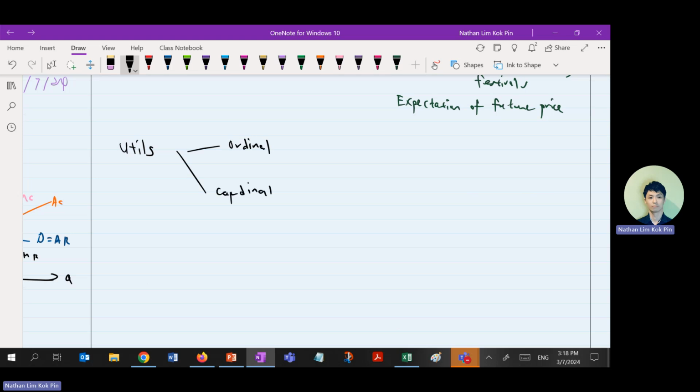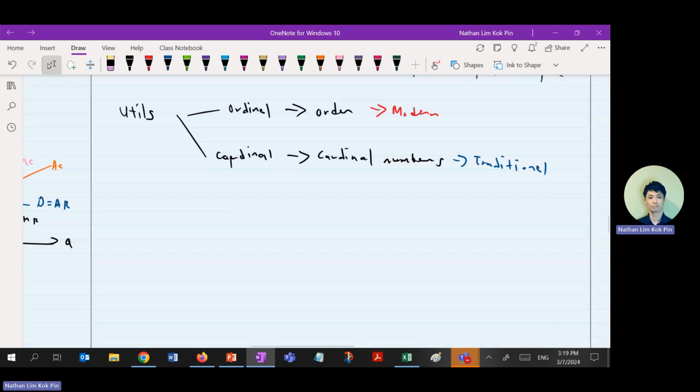All right, ordinal in order, cardinal in cardinal numbers. Ordinal, modern approach. Cardinal, traditional approach. All right.